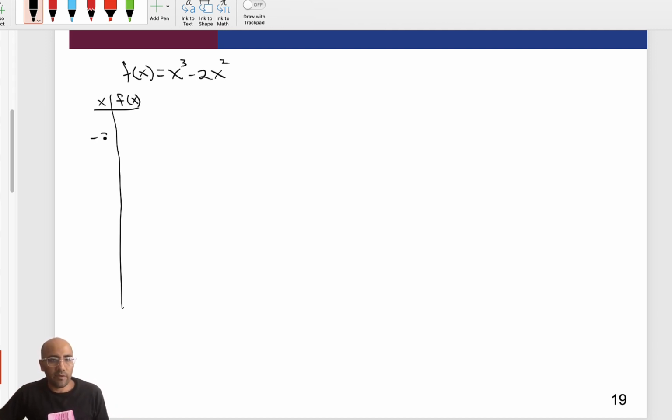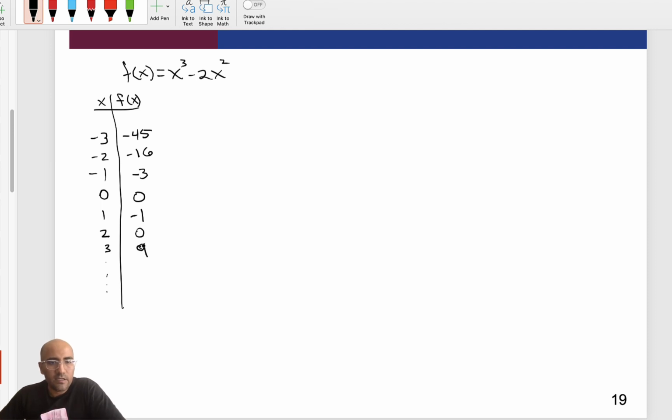For x values -3, -2, -1, 0, 1, 2, 3, we have: -3 mapped to -45, -2 mapped to -16, -1 mapped to -3, 0 mapped to 0, 1 mapped to -1, 2 mapped to 0, and 3 mapped to 9.